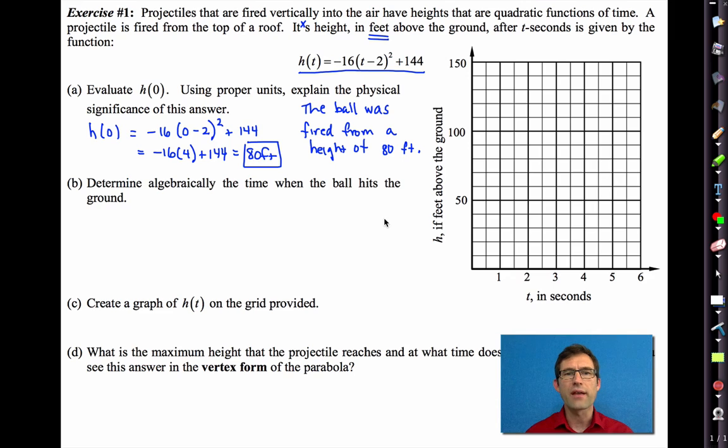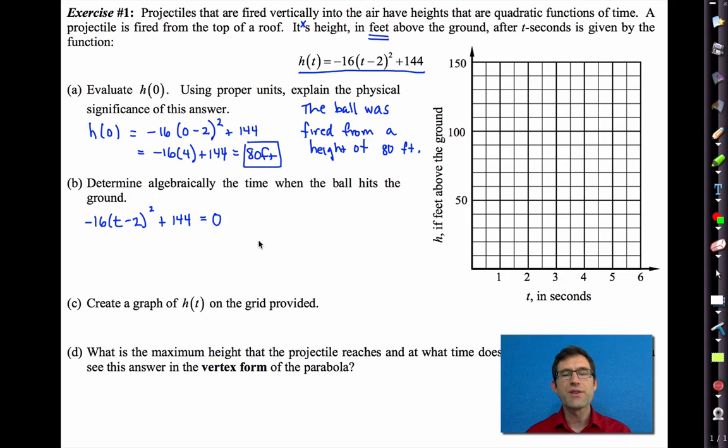All right, letter B. Determine algebraically the time when the ball hits the ground. All right, so great. How do we do this? Well, when the ball hits the ground, the height must be 0, right? So that would be negative 16 times t minus 2 squared plus 144, that is the height, and that height must be 0.